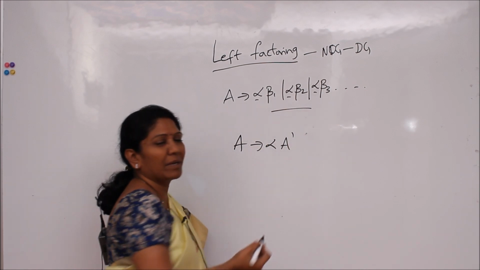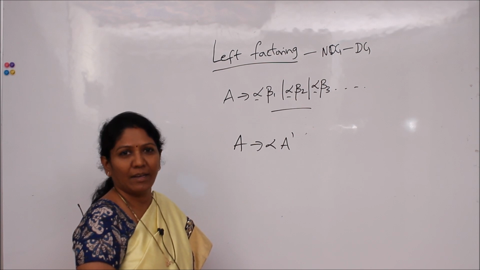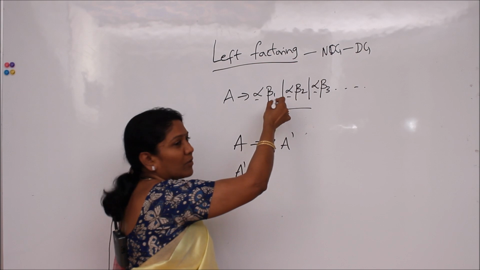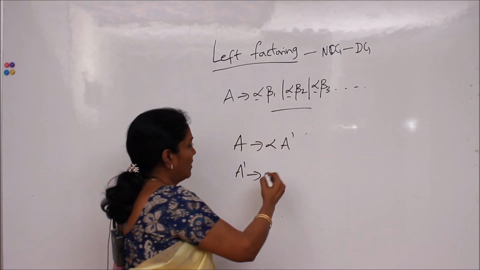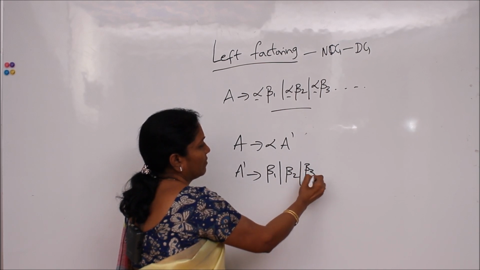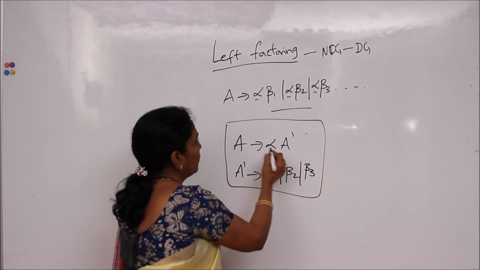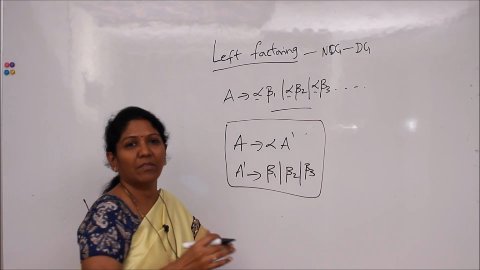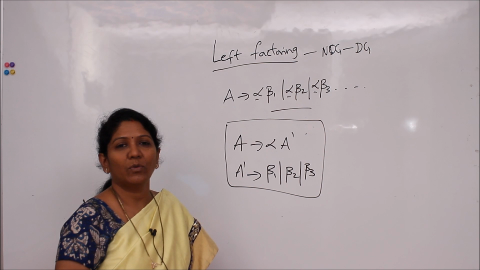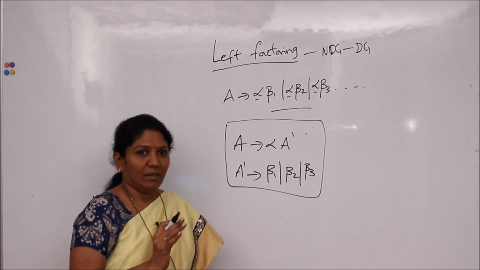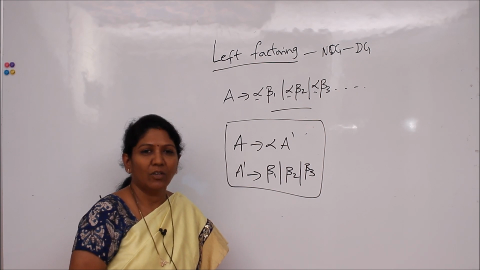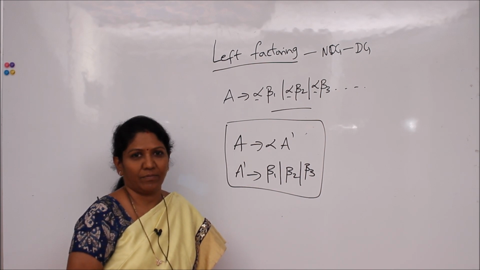To define the remaining part, I will introduce a new non-terminal A dash, where this A dash stands for whatever is left out in every alternative other than alpha. That means it is beta 1, beta 2, beta 3. Do you find any commonality here in every alternative? No, everything is different. This is how you can left factor a given grammar. The advantage of left factoring is you can avoid backtracking.